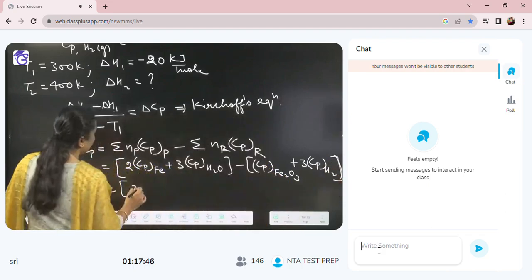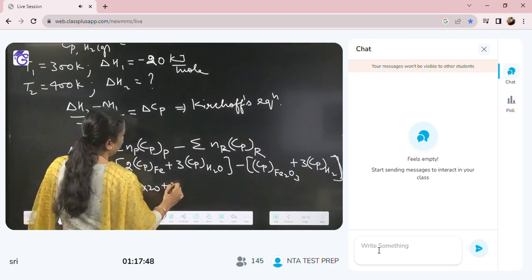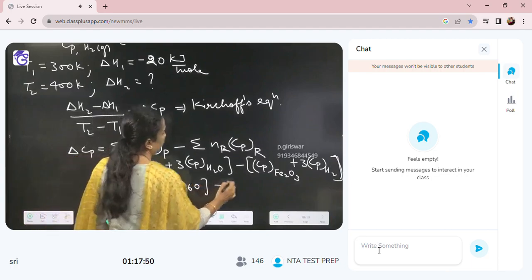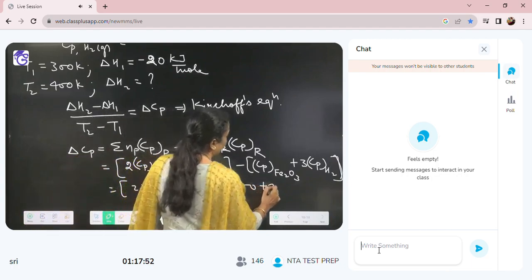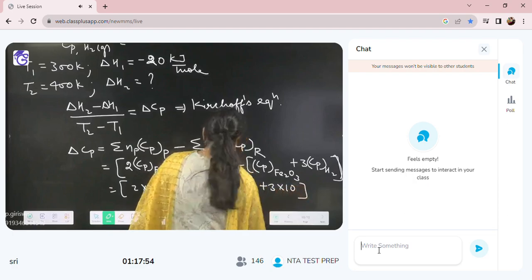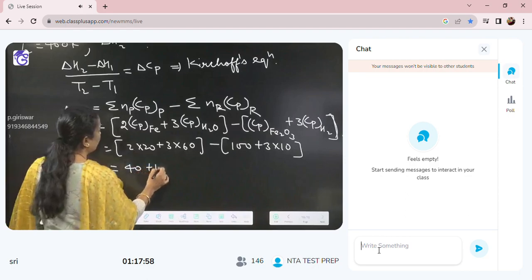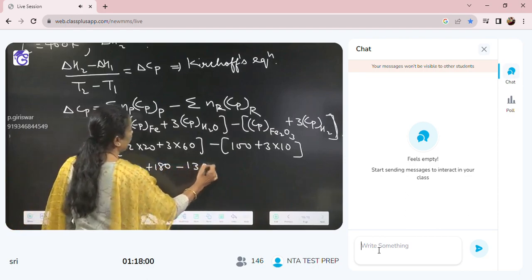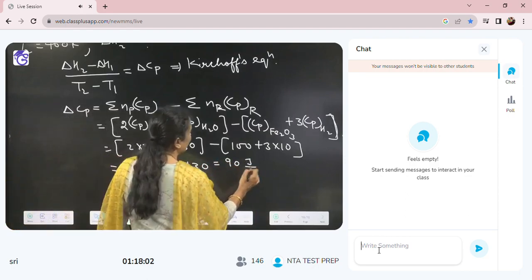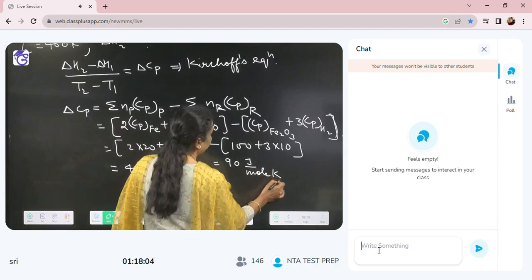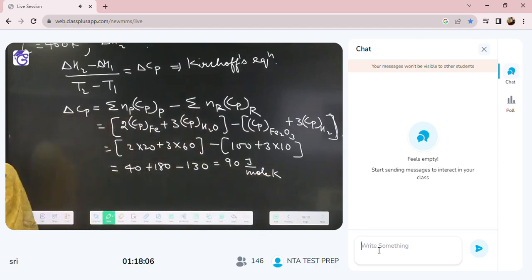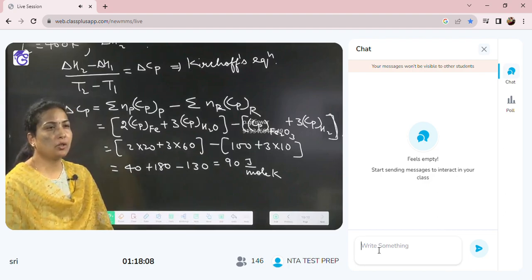I have given you this as 20, this one as 60, this one is 100, plus 3 into 10. So you will get 40 plus 180 minus 130. You should be getting 90 joule per mole Kelvin, not 190. Vishesha has already found out the answer.